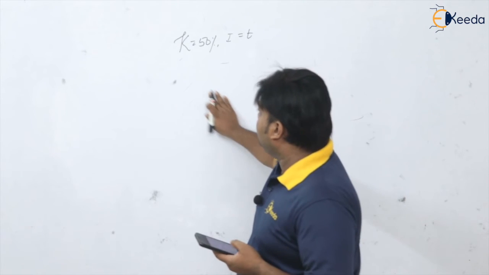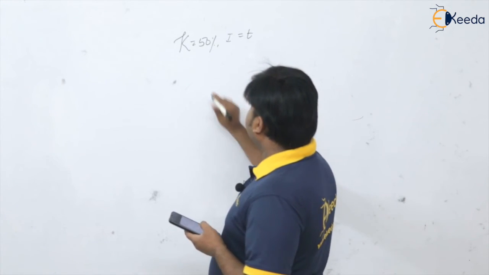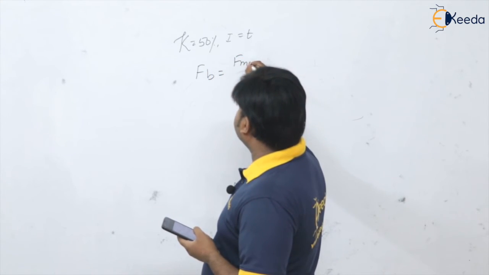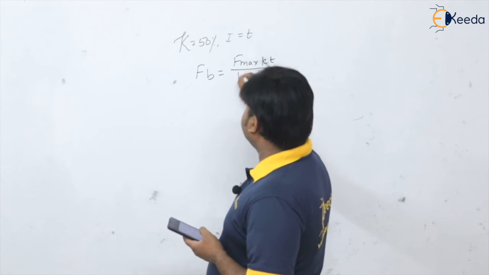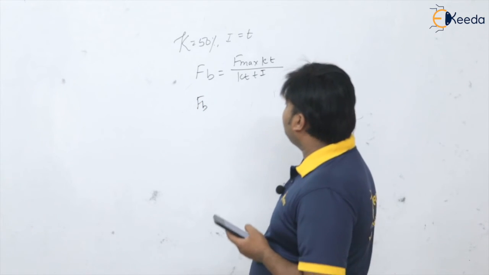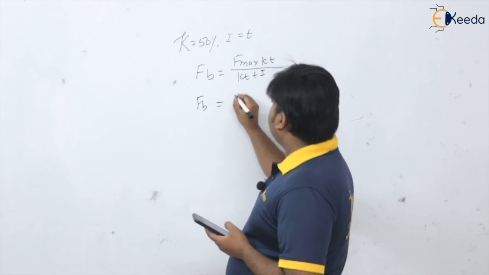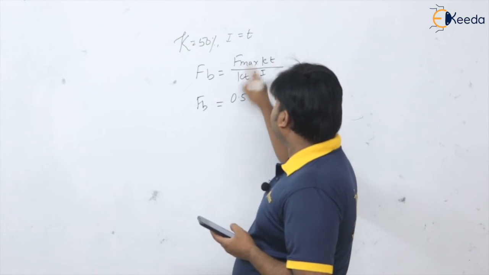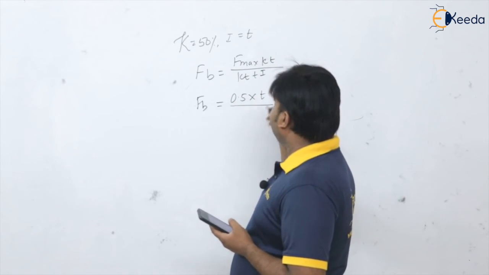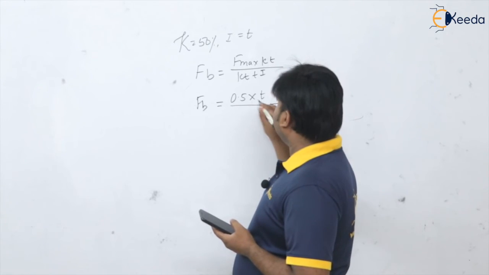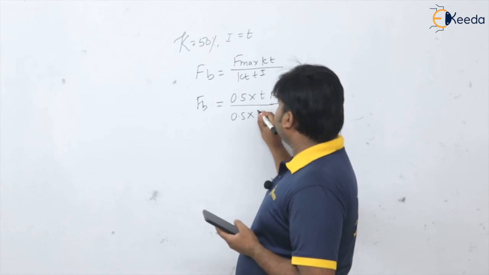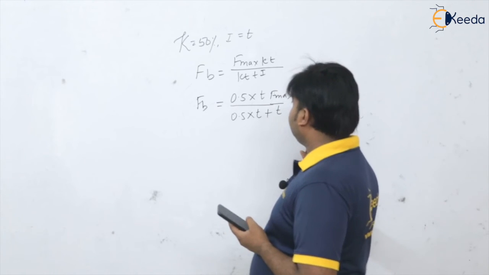We have seen this special case: FB is equal to F max KT divided by KT plus I. So FB is the force after provision of shear, definitely it is going to reduce. K is 0.5, so 0.5 into thickness, that much amount we are providing the shear, F max divided by 0.5 T plus I, where I is equal to thickness.